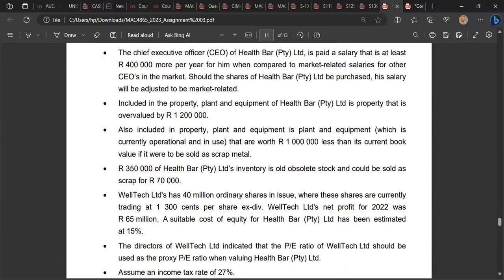Okay, the company has 40 million ordinary shares in issue where the shares are currently trading at. So this is a comparable company. And then WellTech has a net profit of 65 million. So this one we're going to make use of. A suitable cost of equity for HealthBar is going to be 15%, right? So which means our KE is 15%. That's what we need so far.